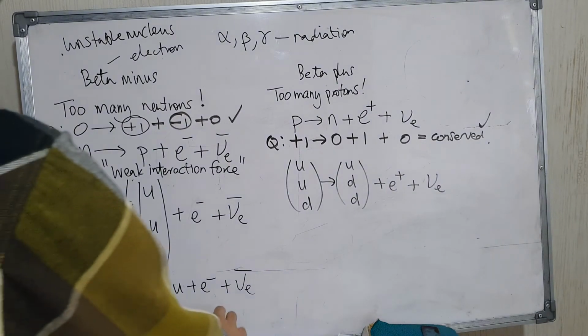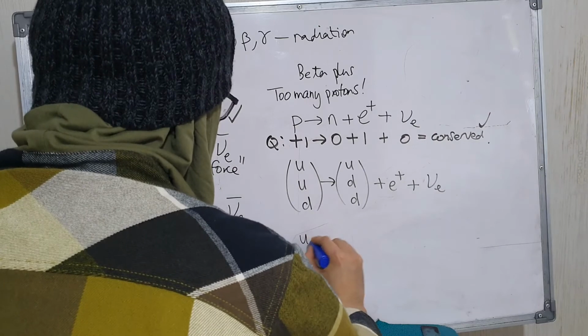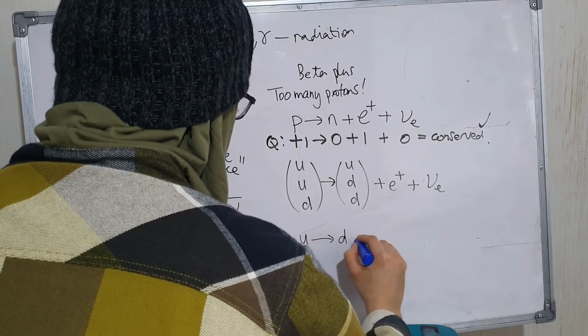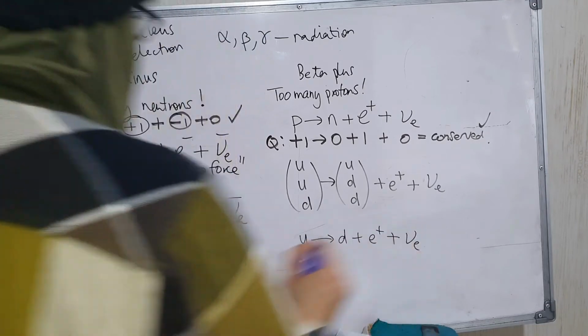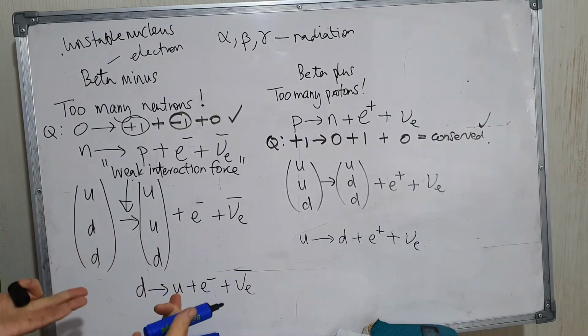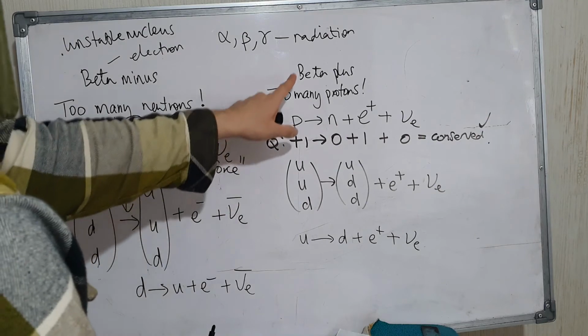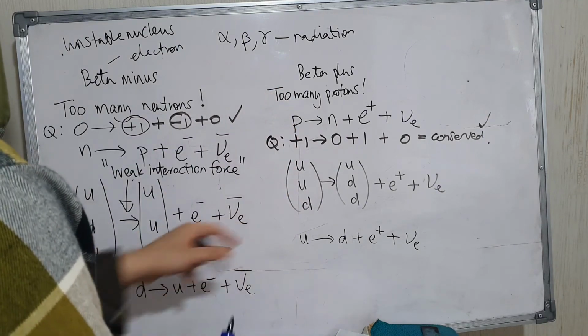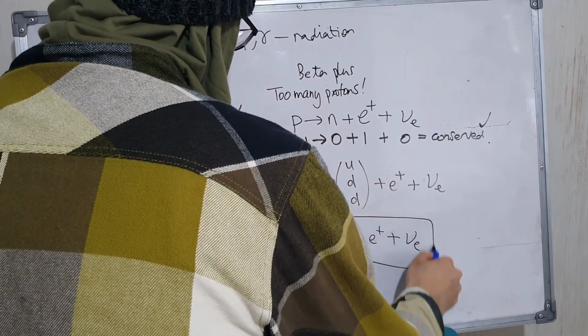So if we want to shorten it, you can say that the up quark has become a down quark. So this is the quark. If we want to simplify things, this is the beta minus decay in terms of the quark structure. In terms of the beta plus structure, this is the transformation.